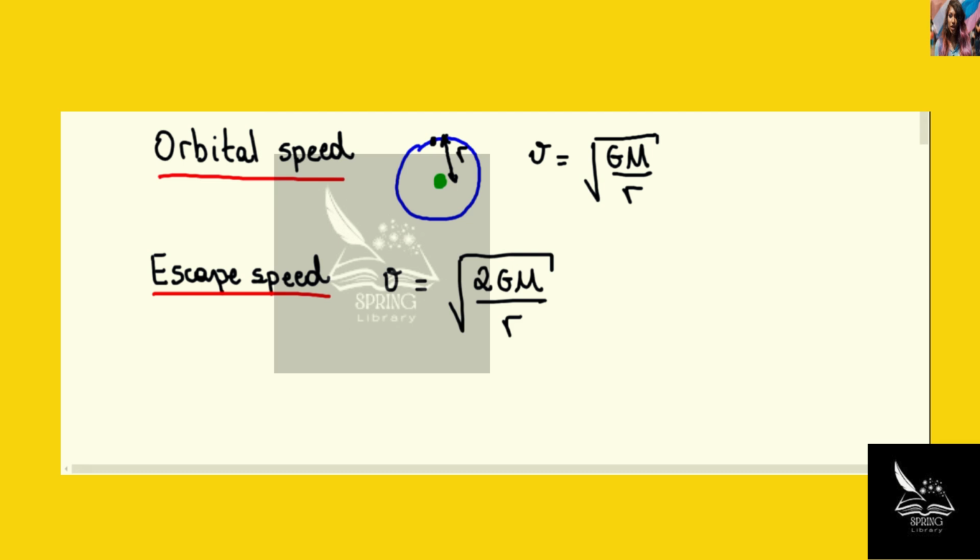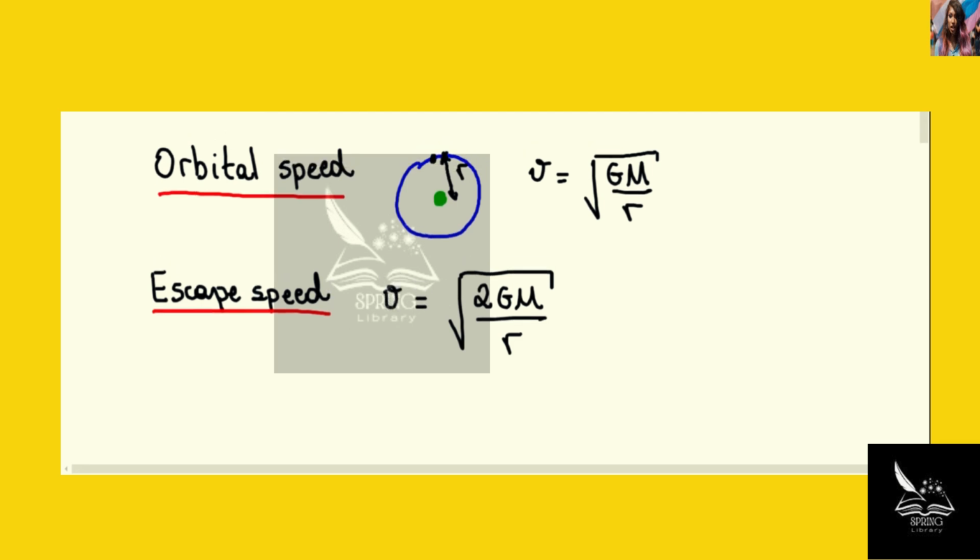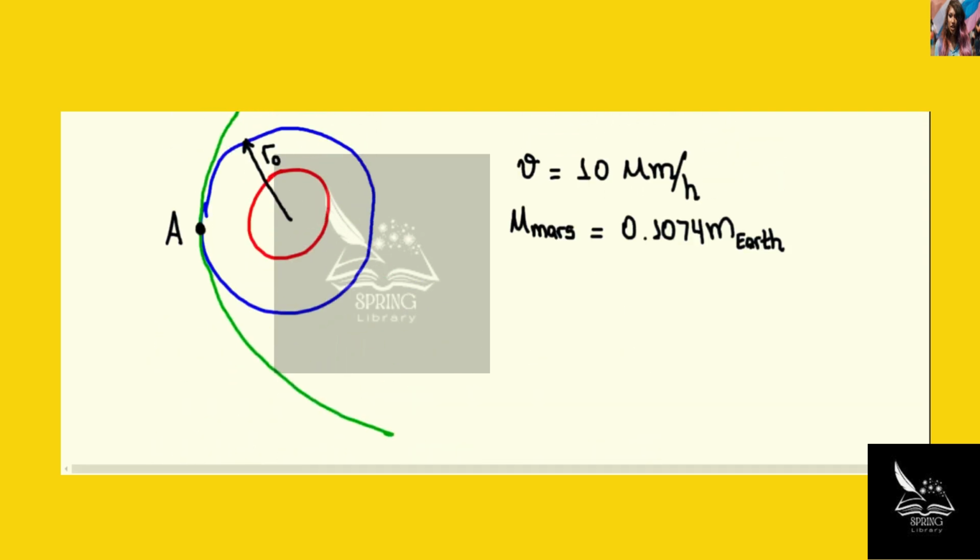So now we can actually go on to the exercise. What we have is an explorer that is approaching Mars, and it approaches Mars in the trajectory shown here in green. At point A, the speed of this explorer is 10 megameters per hour.